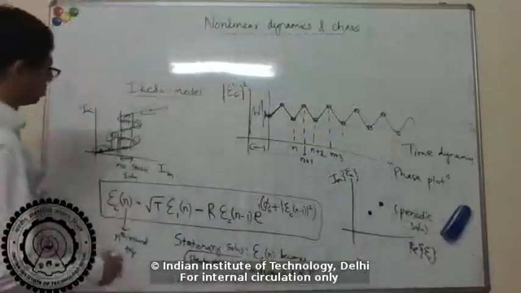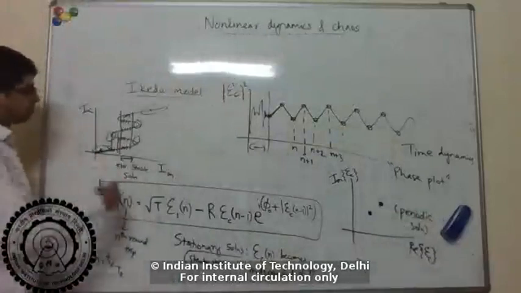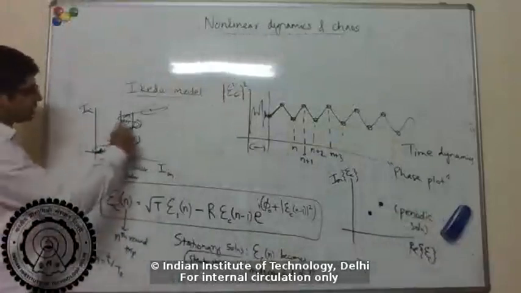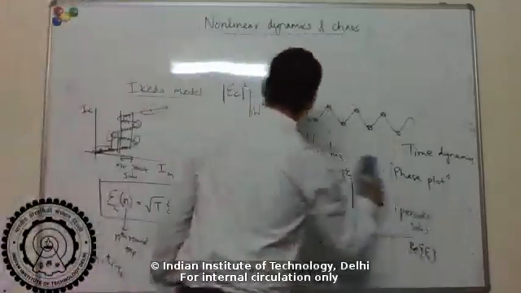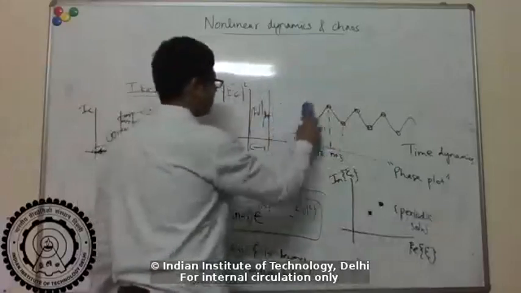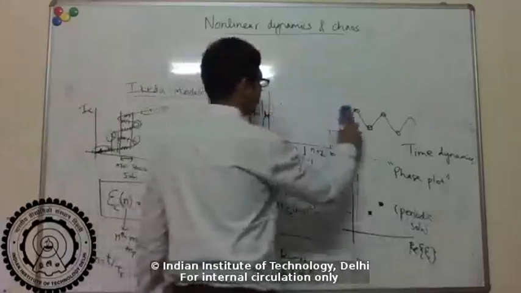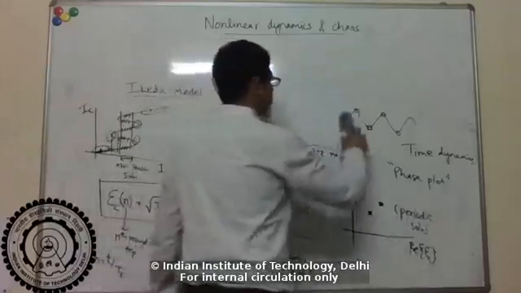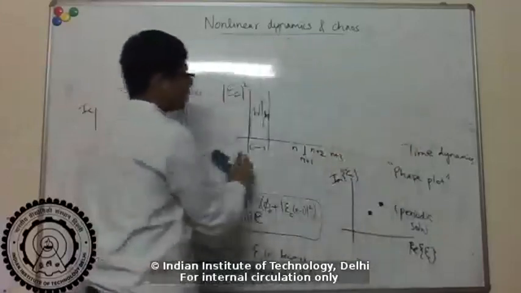Now let's say you increase intensity a bit further. Now you start getting more branches into the picture. The next kind of solution that can be observed is a periodic solution with a larger period.